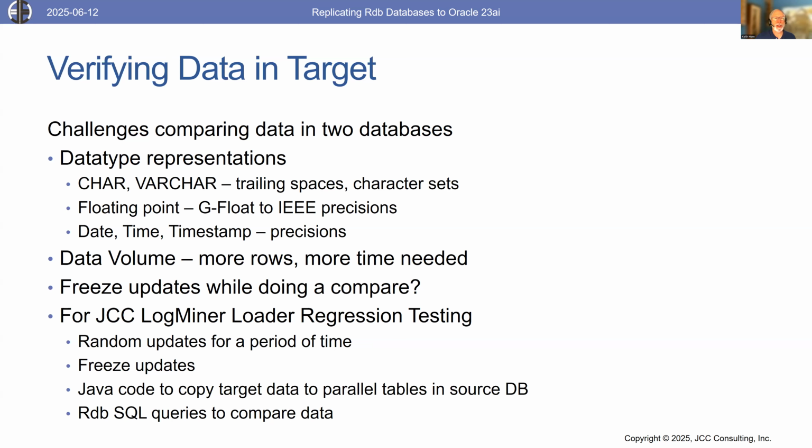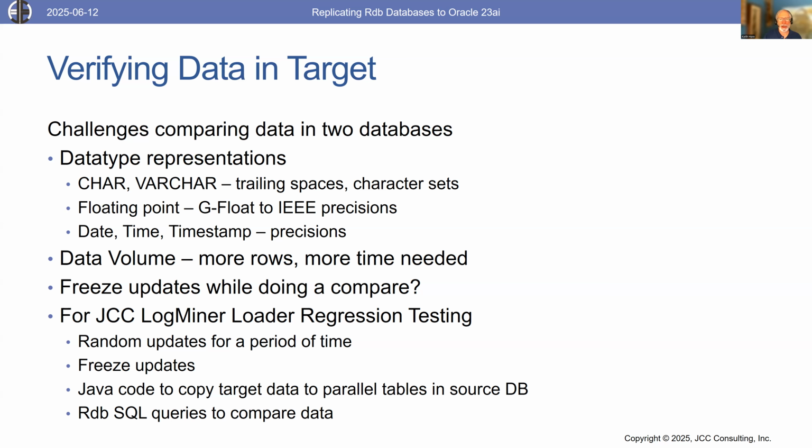How many rows there are determines how long it takes to actually validate. To really compare, you have to freeze updates. And you can do this on the development database, but probably not in a production database.